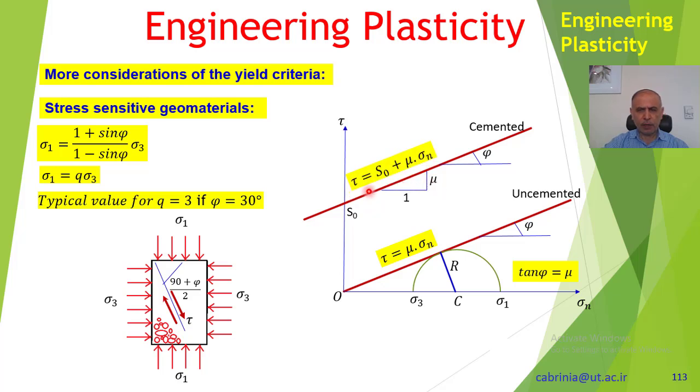That's the coefficient of friction, and we wrote tau here as mu dot sigma n. So we add this S0 or cohesion strength here, and so we have the shear stress equal to S0 plus mu dot sigma n. That is obviously more than that, and so for cementation we need more stress to make it shear and let fracture happen.